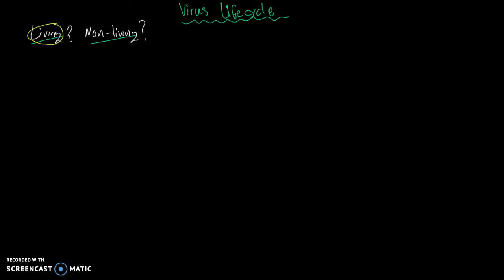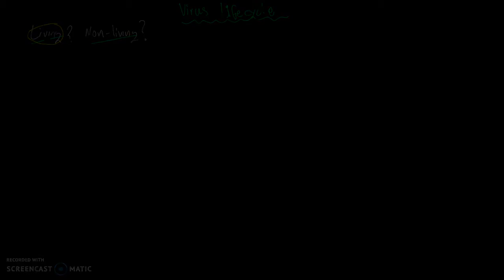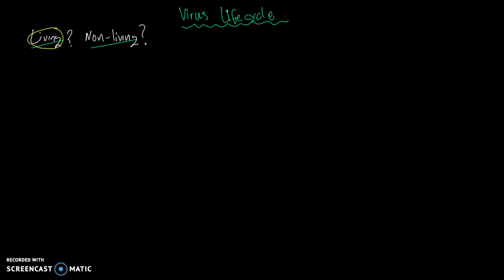So when thinking about all of these properties, for example organization, viruses don't have organelles, they don't have a cell, and they don't have multiple parts working together to form a system. So when it comes to organization, viruses lack that property. And viruses don't carry out their own metabolism, and it's not clear that they maintain homeostasis. With regards to evolution, however, viruses do in fact have the ability to evolve. We talked a lot about it in the previous video.